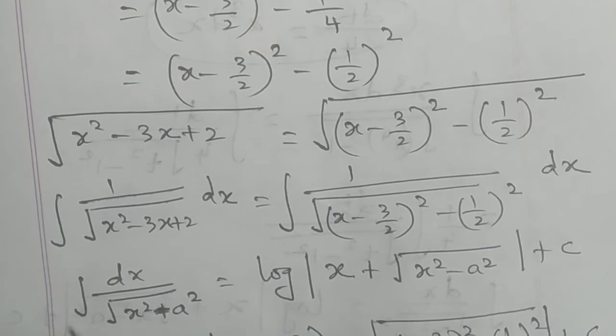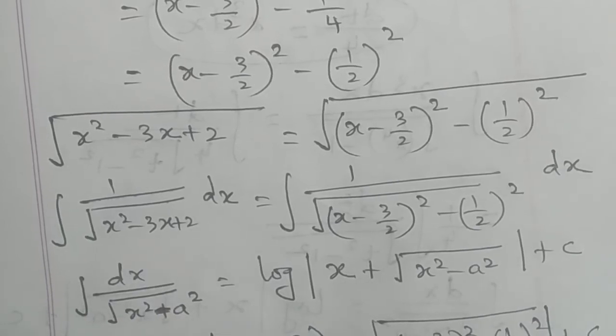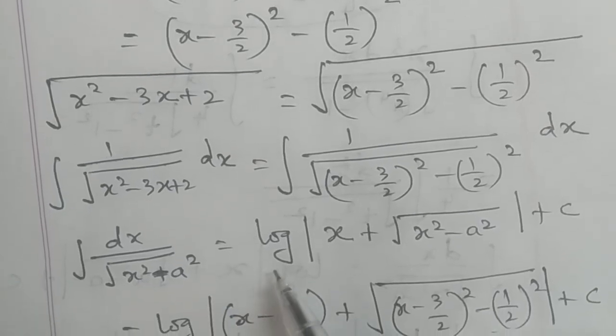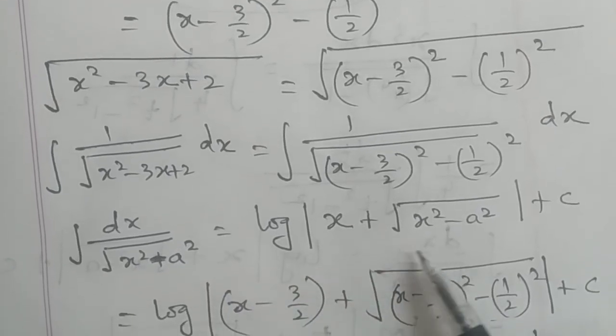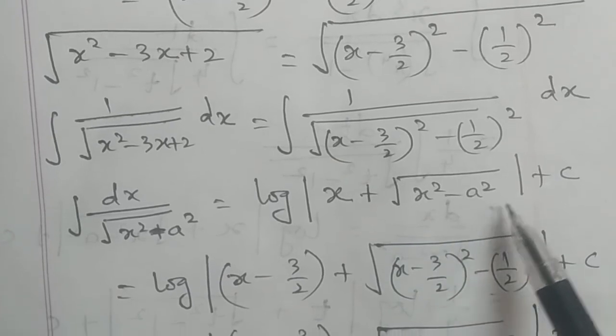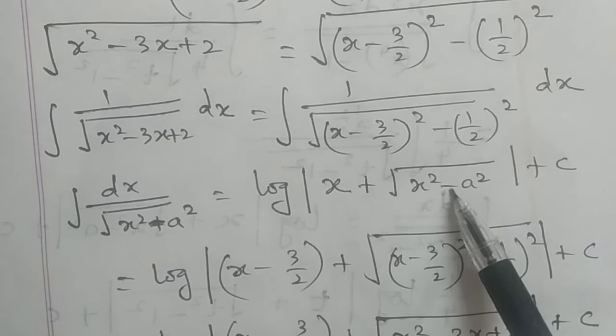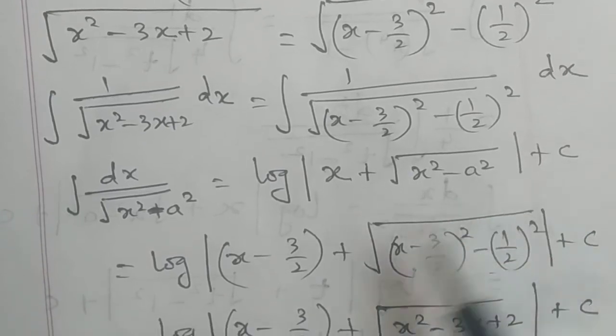We know the formula for integral of dx divided by square root of x square minus a square equal to log modulus of x plus square root of x square minus a square plus c.